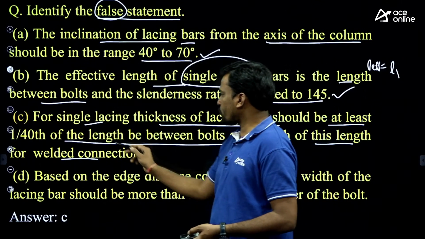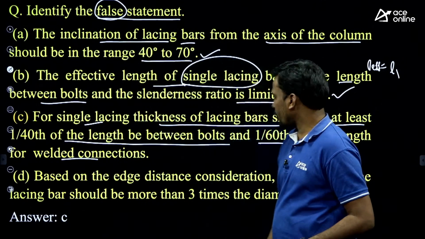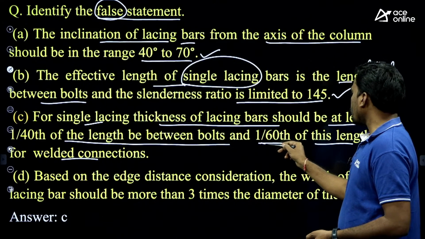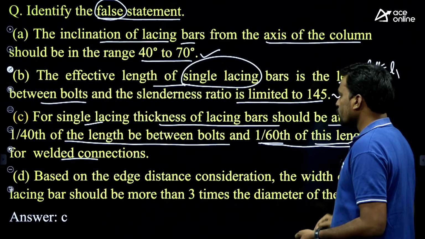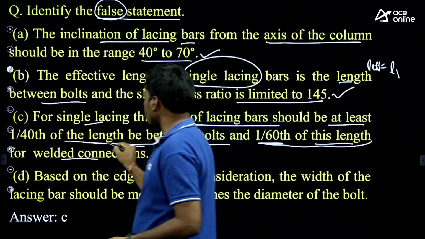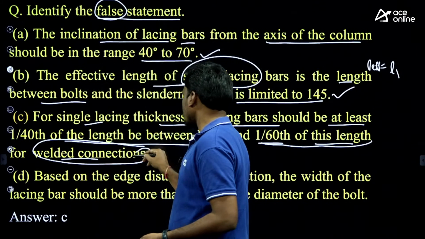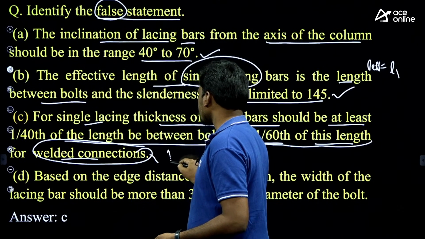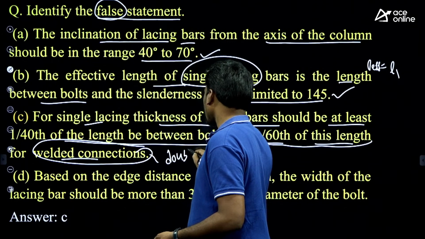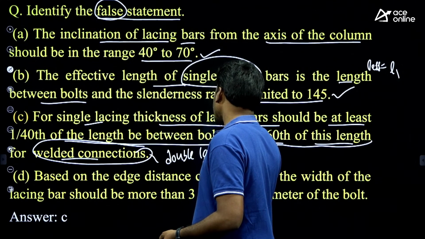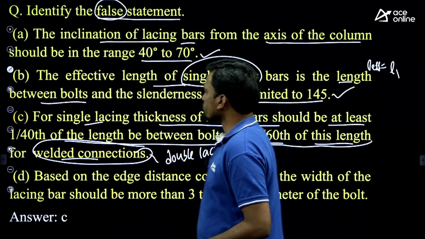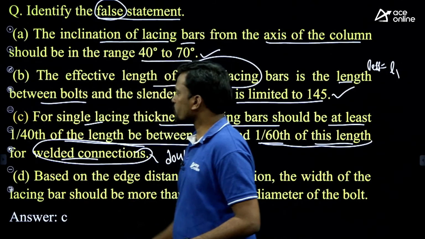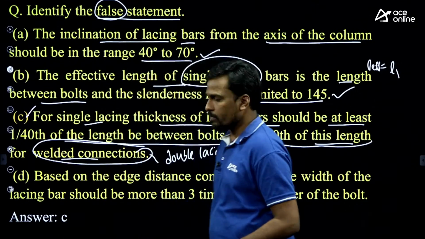This is for single lacing, and this is for double lacing. But here welded connection is given. This is for double lacing. So this is the false statement. Okay, this is wrong. Then option C.